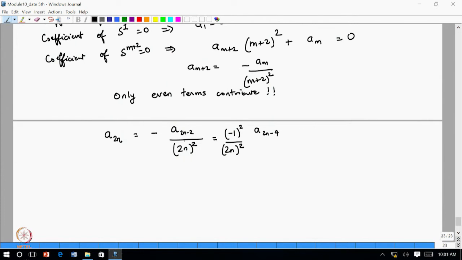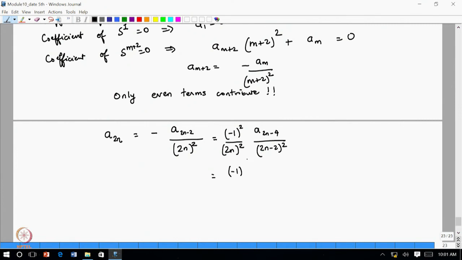So, what I am doing is I am writing a of 2n as minus 1 into a of 2n minus 4 divided by 2n minus 2 square. And I can go on, I can write this as minus 1. So, I keep doing this. So, 2n minus 4 I will replace by 2n minus 6 and so on.